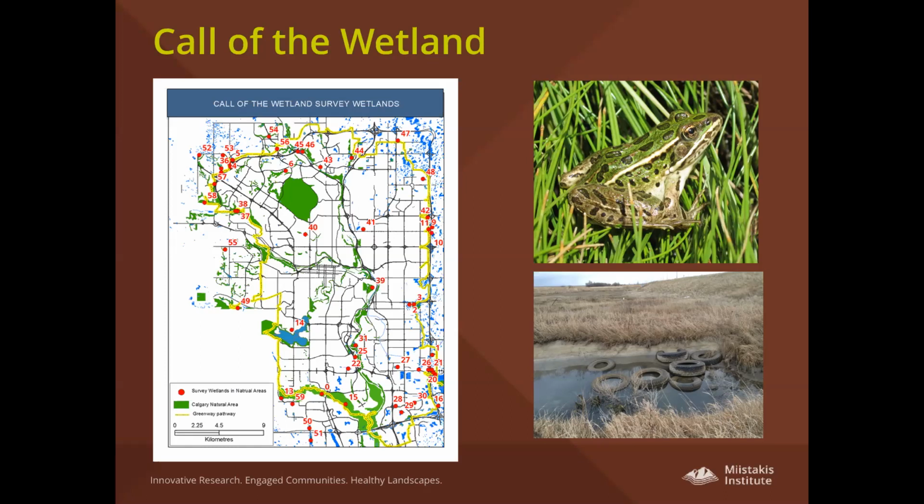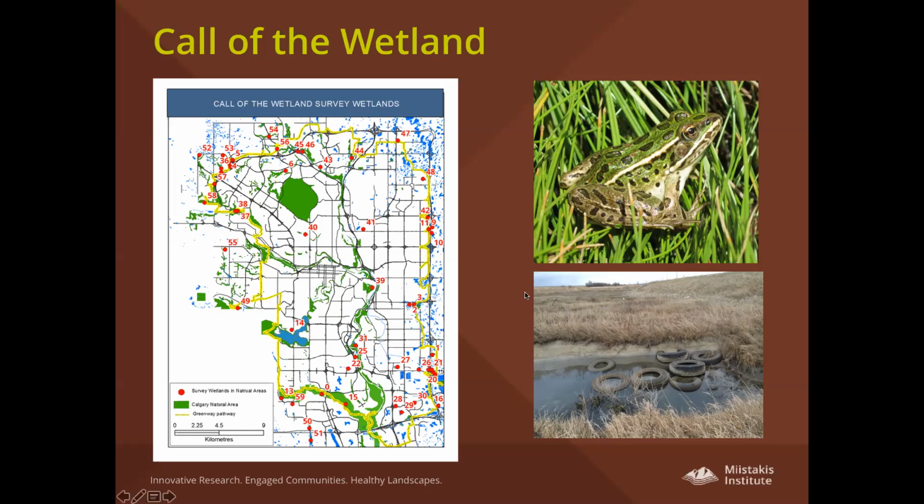So we designed a citizen science initiative where citizens would go out and document a number of pre-selected wetlands. Citizen scientists would sign up for a specific survey period, and then go out and document both what they saw and what they heard, facilitated by a mobile app.